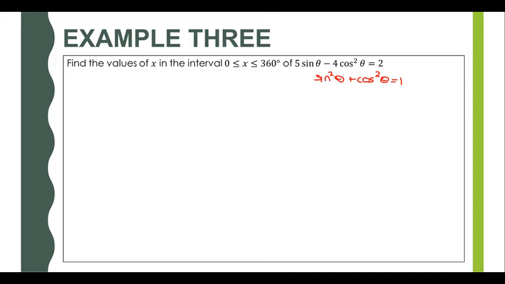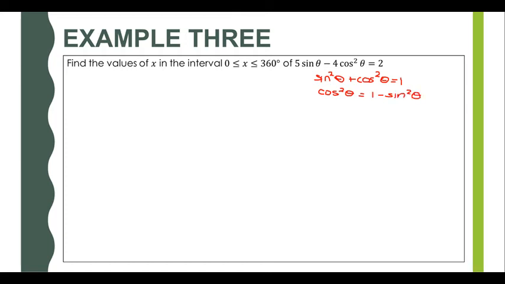As I've got a cos squared theta in the question, I'm going to replace that. So I need to rearrange my trig identity in terms of cos squared theta. So cos squared theta is equal to 1 minus sine squared theta.